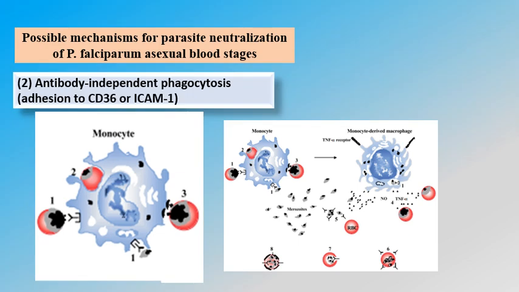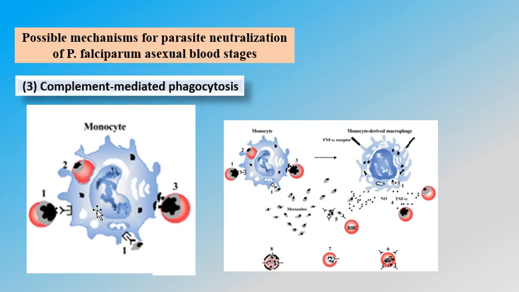Phagocytosis could also be antibody independent through some adhesion molecules, as can be seen here. This infected red blood cell gets phagocytosed by monocytes without antibodies.